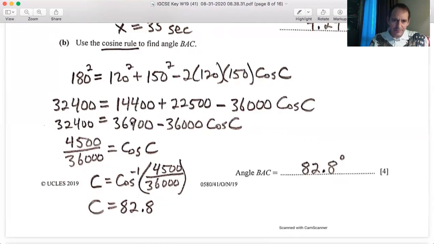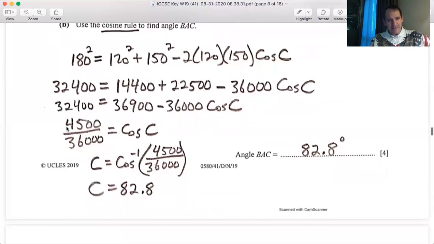So we need to subtract 36,900 from 32,400. It actually comes out to be a negative 4,500, but then we're going to divide by the negative 36,000, and those two negatives cancel. I didn't really show that. So when you subtract this over, you have to do that first.